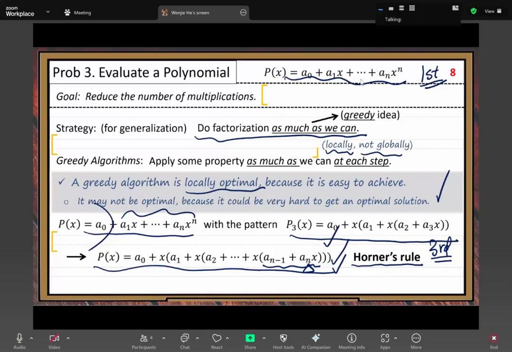If you look at P3 of x and count it, it follows that pattern. These three have three multiplications. Because in your mind, you know the way, based on your understanding.